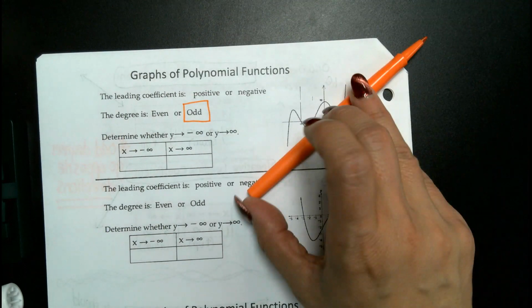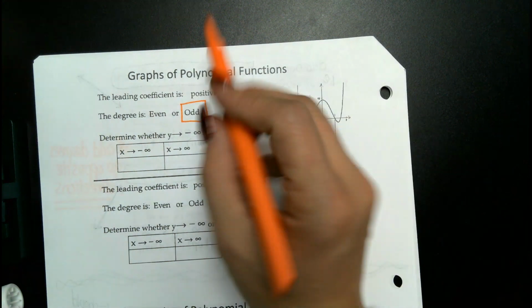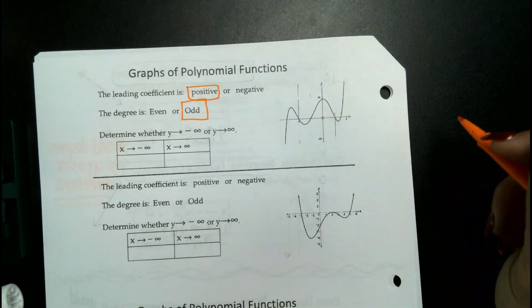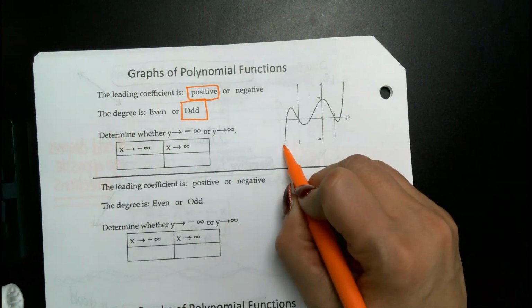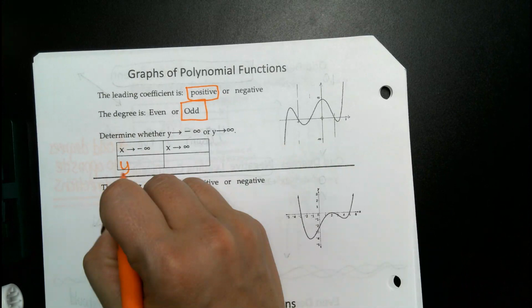And when they're odd, decreasing over here, increasing over here. Does that look more like a positive slope or a negative slope? So that goes along with the leading coefficient. Leading coefficient has to be positive because the left side is decreasing, the right side is increasing.